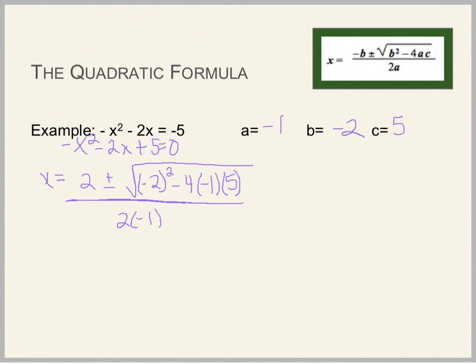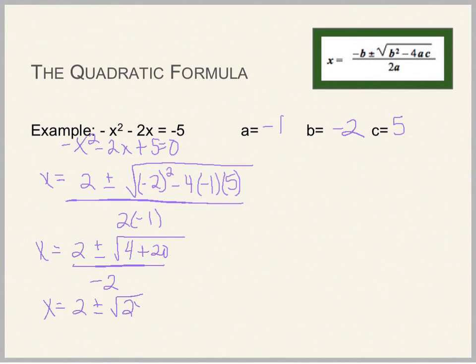After simplifying this, I find out that x equals 2 plus or minus the square root of 4 plus 20, all divided by negative 2. Or x equals 2 plus or minus the square root of 24 divided by 2.